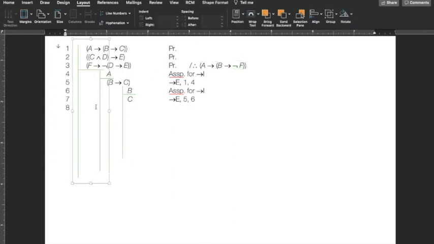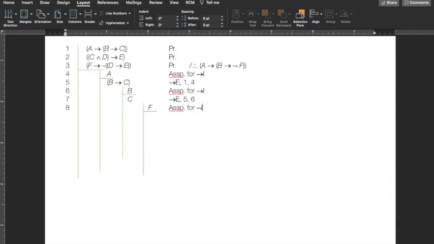So be prepared to add new lines, and we're going to move over. So to get the negation of F, we have to assume F. And this is going to be an assumption for negation introduction. And again, I need to mark that this is an assumption with a new vertical line.